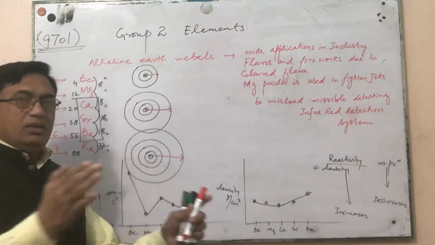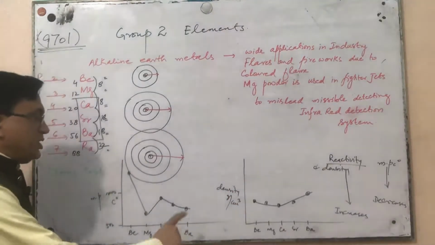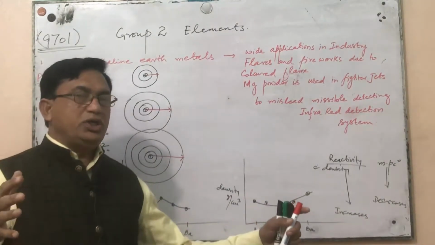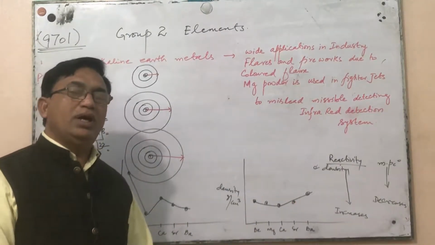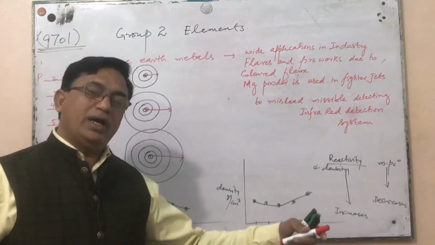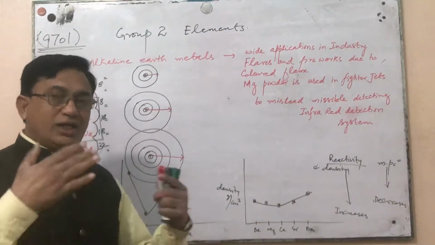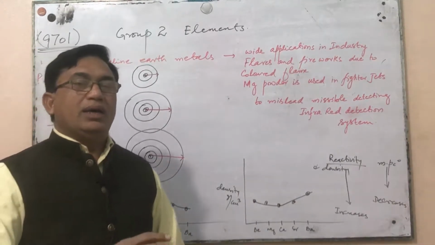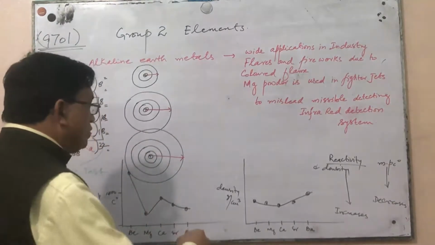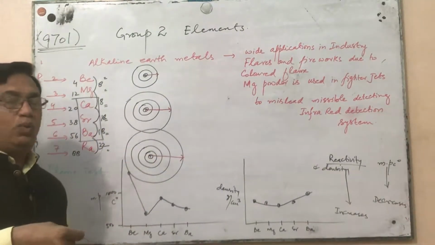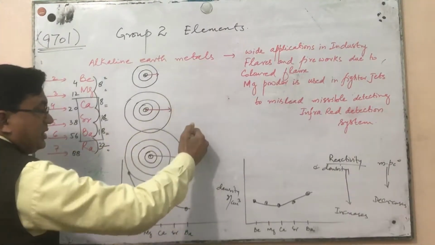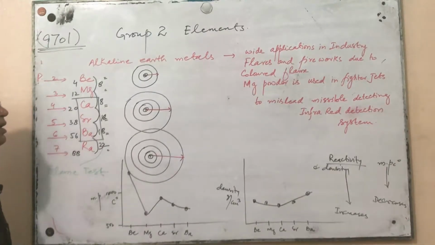Whenever two atoms come closer to each other, if larger atoms come closer, then the total distance between their nuclei will be larger, and due to the larger distance the force of attraction will be less. A less force of attraction will be broken easily by applying a small force. That's why the melting point decreases automatically. The melting point decreases from top to bottom.